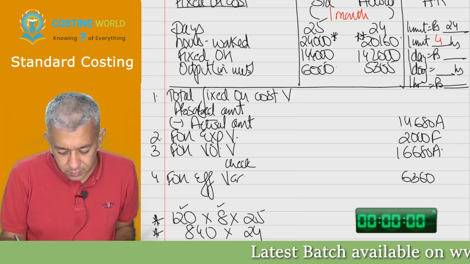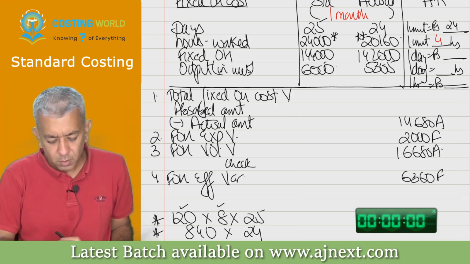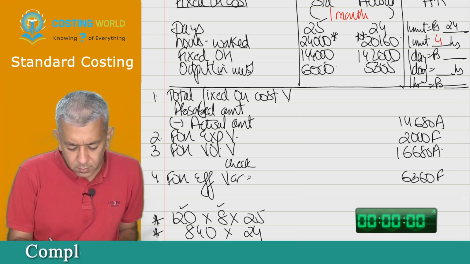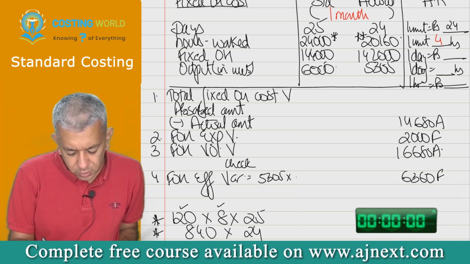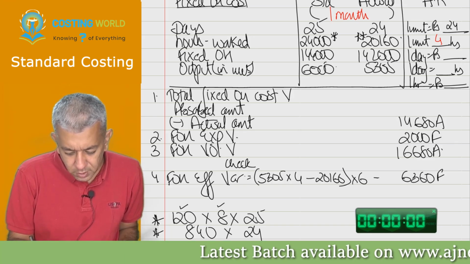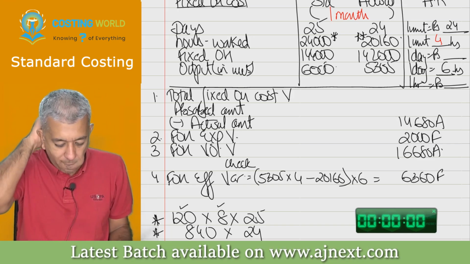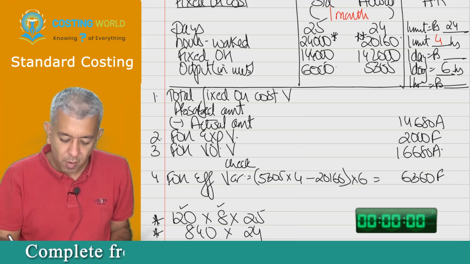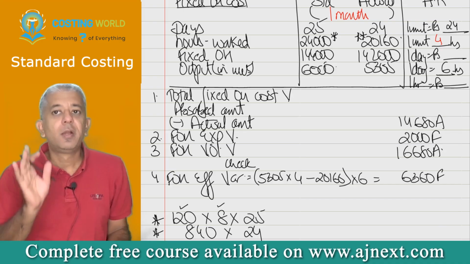Correct? Favorable, no? 5,305 into 4 hours minus 20,160 into 6 rupees. Done, beta, everybody?